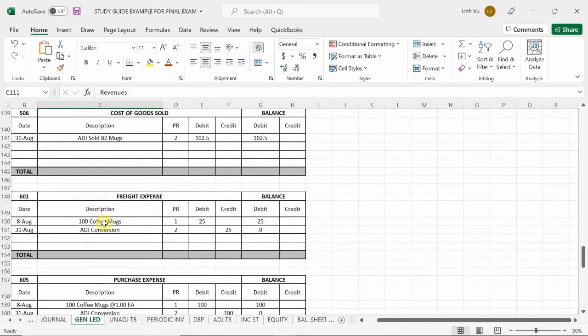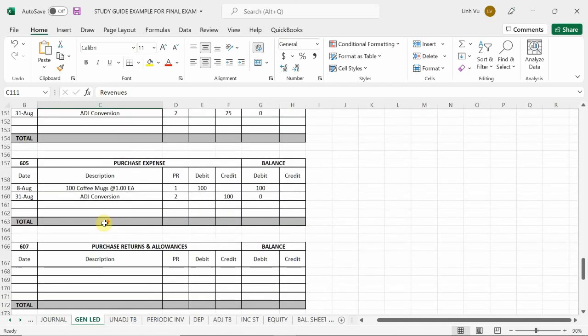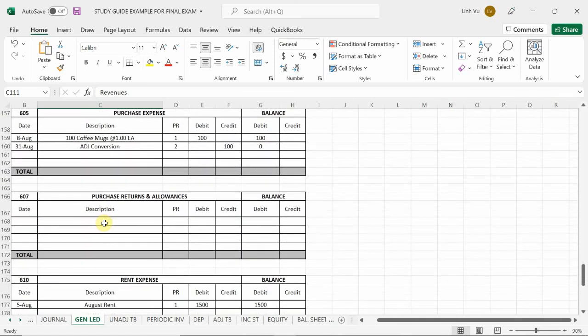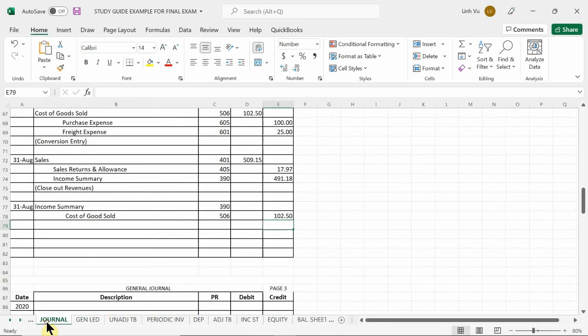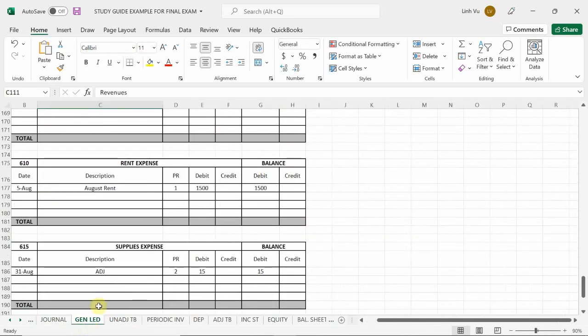Next, we have freight expense, which is 0. We have purchase expense at 0. We have purchase returns allowances at 0. We got rent expense for $1,500. Okay. And that account number is 610.